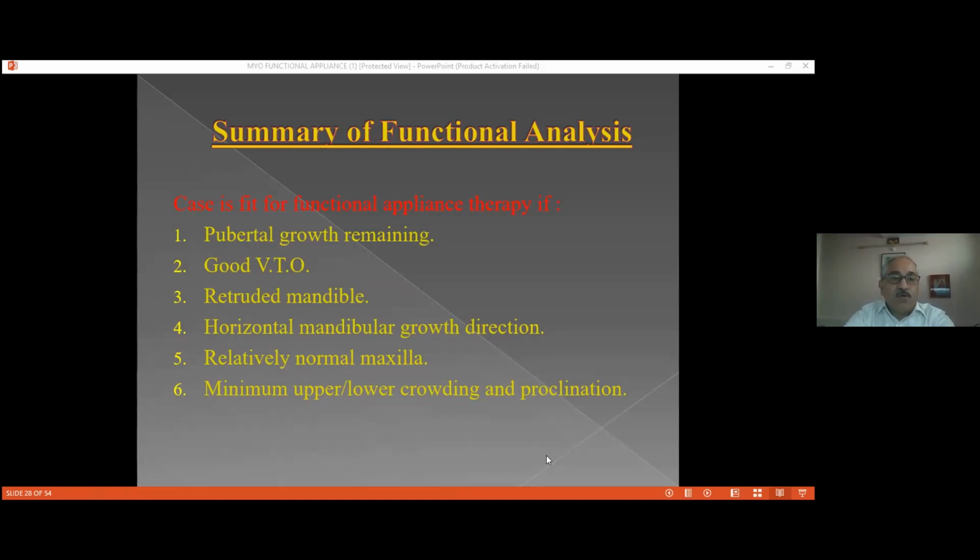It can only be given in cases where the mandible is at fault. Horizontal mandibular growth direction is mandatory for functional appliance therapy, but it can be given in a backward rotating mandible with a slight amount of modification. The maxilla has to be relatively normal, and the upper and lower dentition should not have crowding or proclination of the teeth.